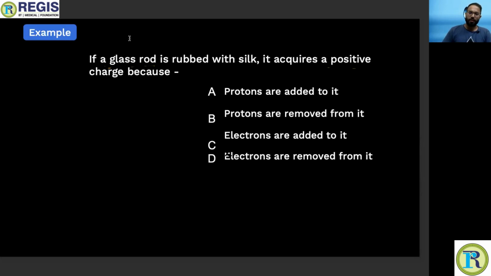The question is: if a glass rod is rubbed with silk, it acquires positive charge because of option A, option B, option C, and option D. Let's try this question.